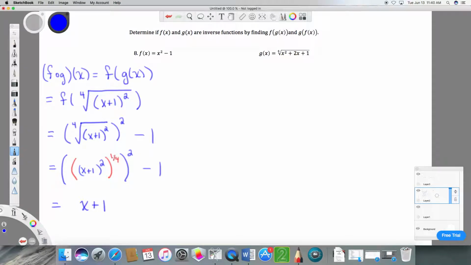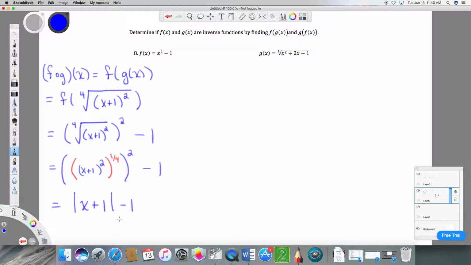But remember the fourth root here. We know that the output of this has to be a positive number because of all the even exponents that we have here and even the fourth root. So to make sure that our output is 0 or positive, I need to put absolute value symbols around that.